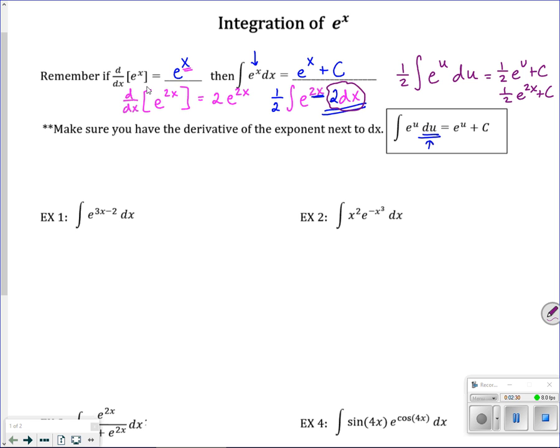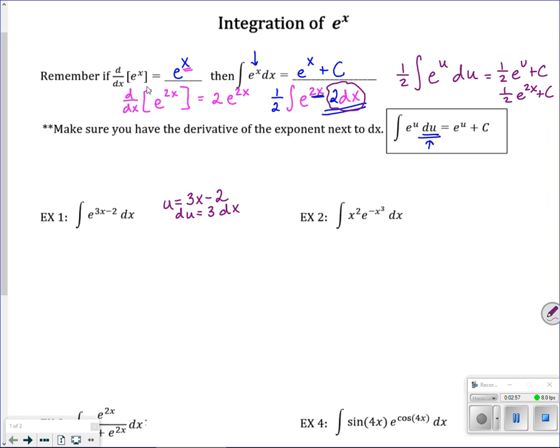If you see e's, now I'm not saying every time, because we can mix it with other things. We can mix it with trig, we can mix it with ln's. So I'm saying that if you solely see an e, it is smart to let your u be that exponent. So du would be 3 dx.